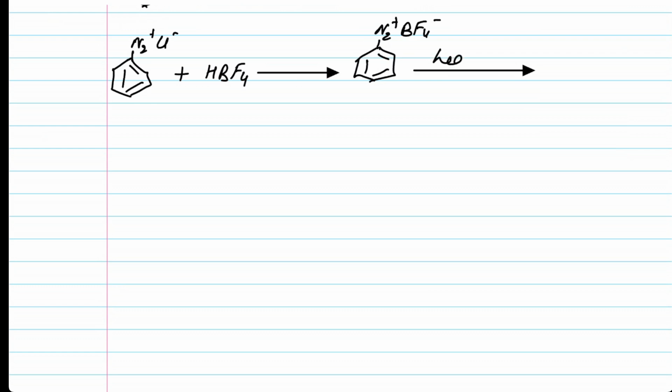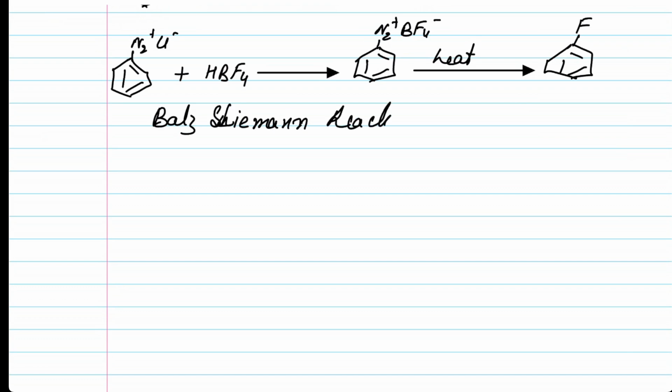Simply heat it, and here it gets converted into fluorobenzene. Now, this particular reaction is termed as Balz-Schiemann reaction, and this is the only practical method of preparation of fluorobenzenes in any case. This is the most important and the only method of preparation of fluorobenzene.